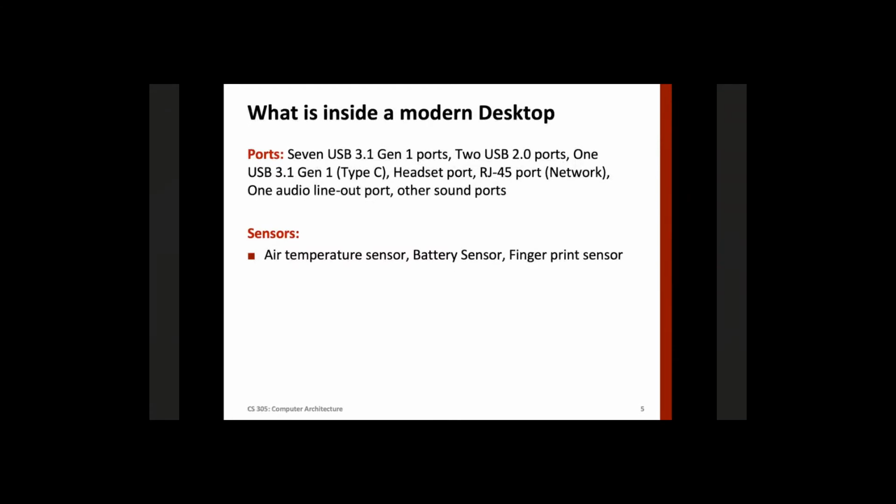In case you are using your mobile or iPad, the number of sensors is much higher, about 15-20 sensors. A desktop will have very few, a laptop slightly more than a desktop, but mobile phones and iPads have just too many sensors.